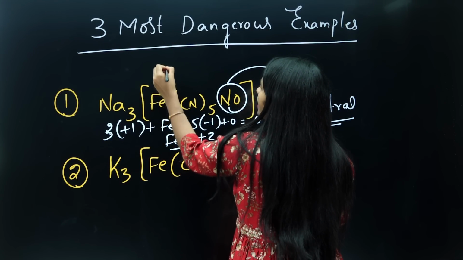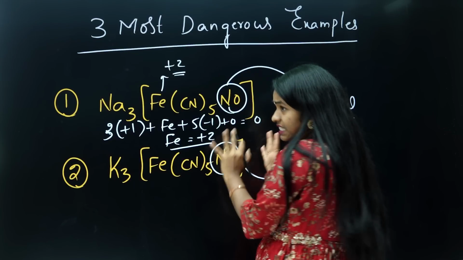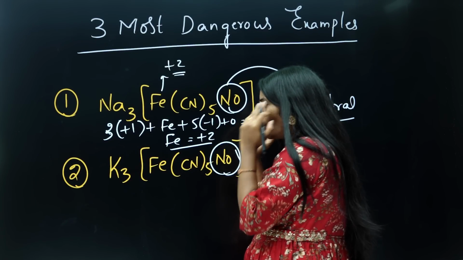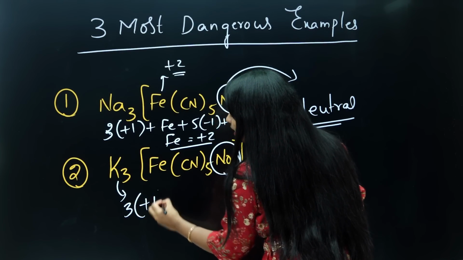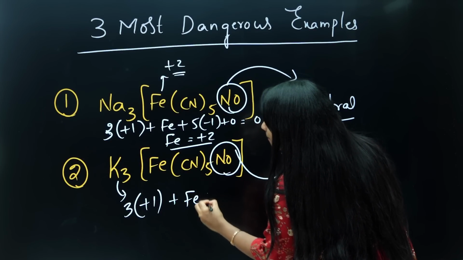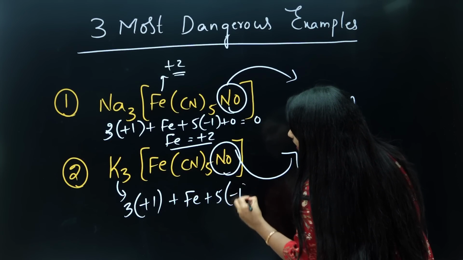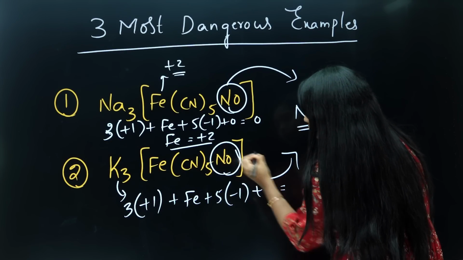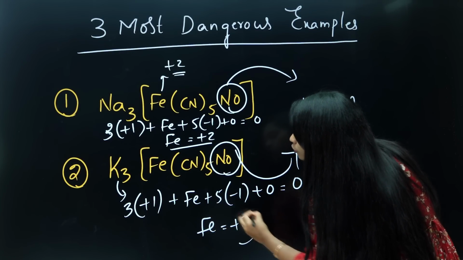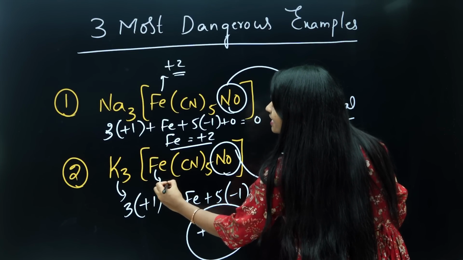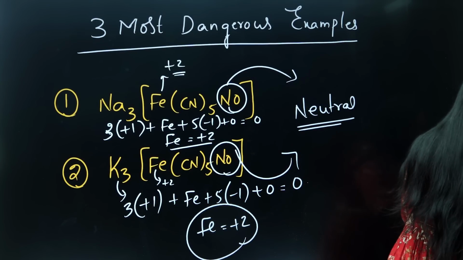Oxidation state of iron in this complex is plus 2. That's it. This example you have to remember, and the same way in this example also, 3 into plus 1 plus Fe plus 5 into each cyanide minus 1. You have to consider NO as a neutral ligand. Then Fe is equal to plus 2. So in this example also, iron is in plus 2 oxidation state.